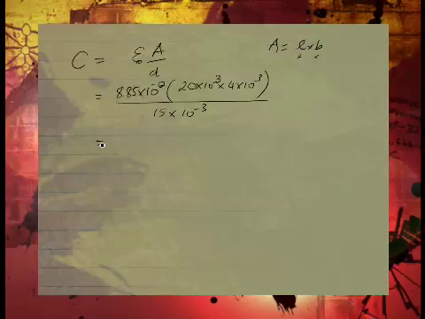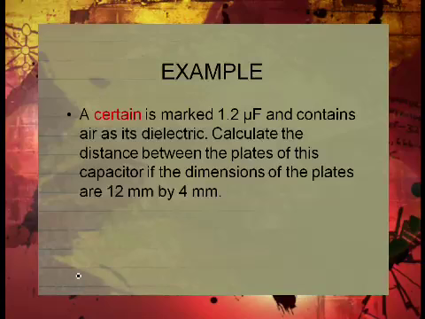And what is the answer? We find the capacitance here to be 4.72 by 10 to the power minus 14 farads. Okay, you can put capital letter F there for farads. So that's how you would work that one out.